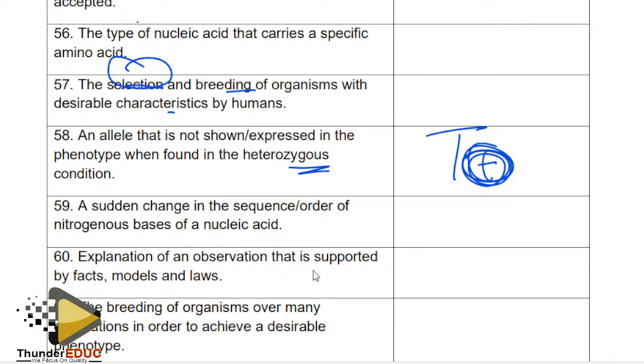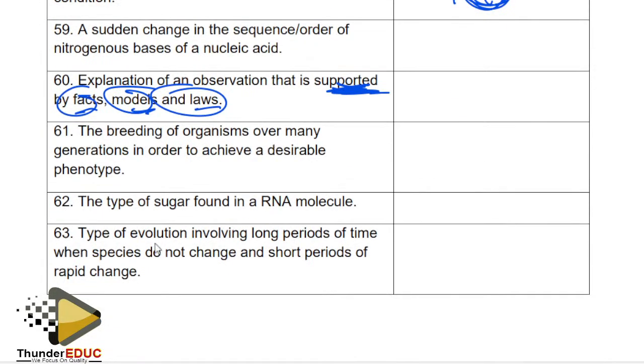An explanation of an observation that is supported by facts and models, but here they didn't talk about a tested hypothesis. But the moment it is supported with this, then it becomes a theory. The breeding of organisms over many generations in order to achieve a desirable phenotype is basically artificial selection.